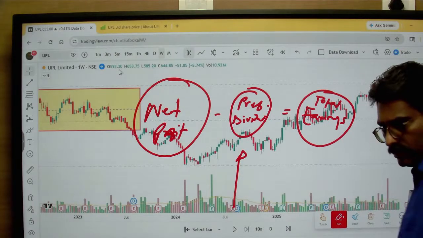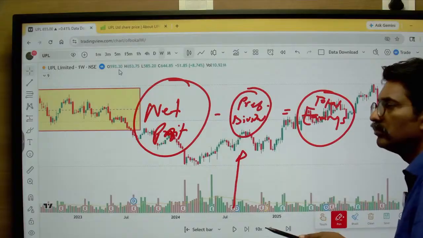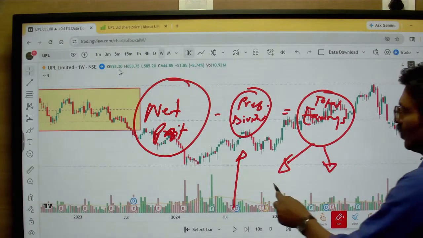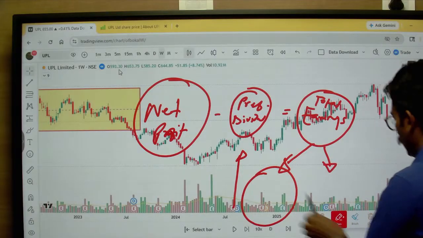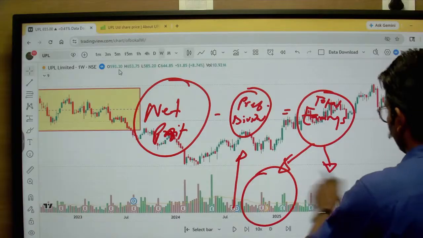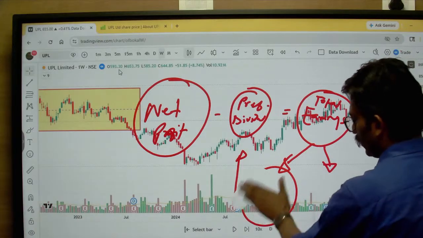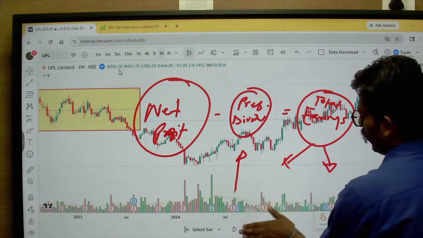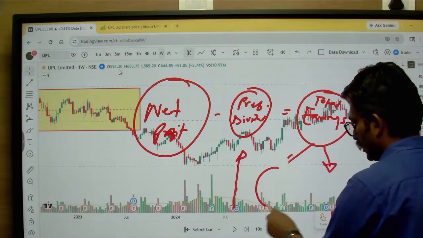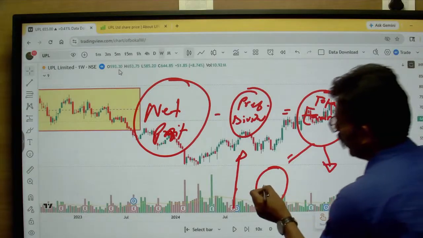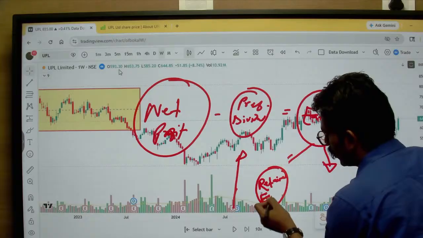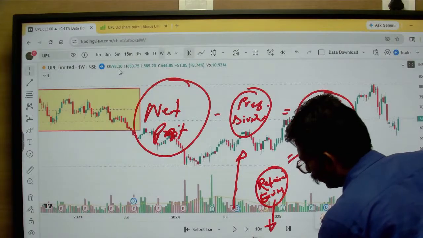From the earnings, now you will pay. Again, there could be two components. One component would be retained earnings. Retained earnings goes where? It gets added to the reserves.